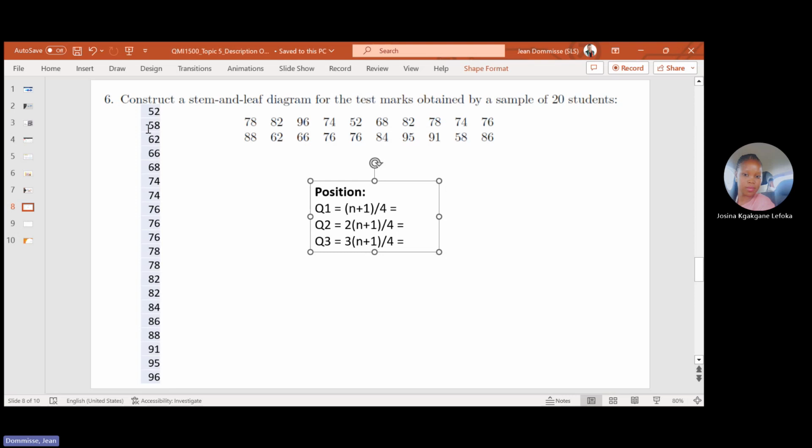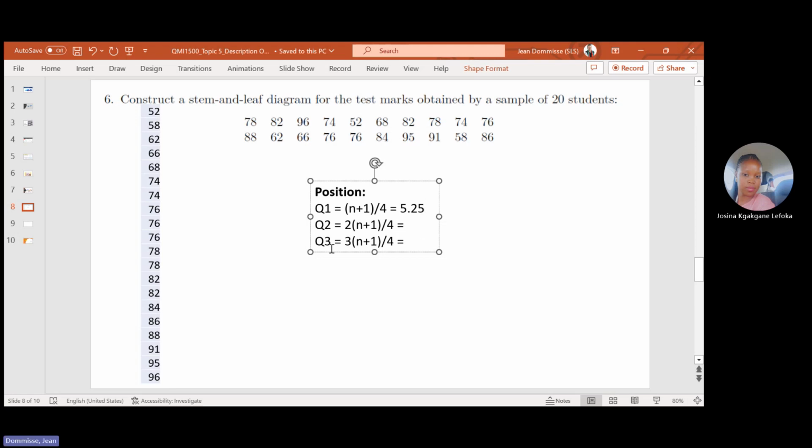So we know there's 20 numbers. So if I look at my Q1, it will be equal to 20 plus 1 divided by 4, which will give me 5.25.